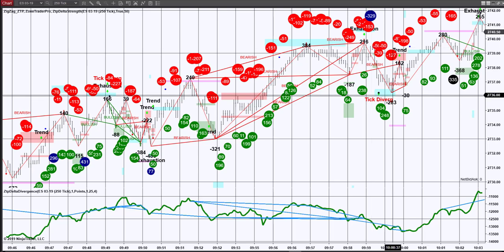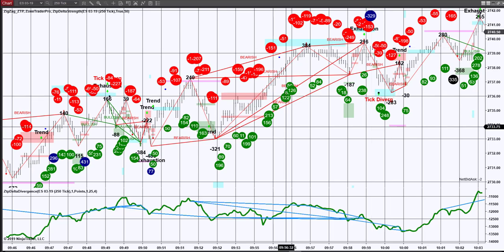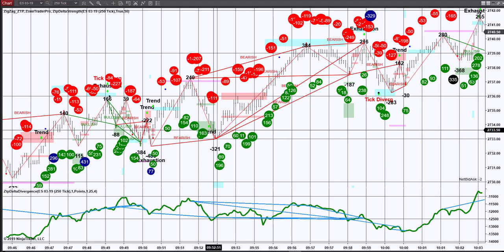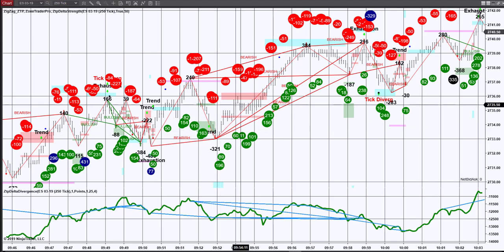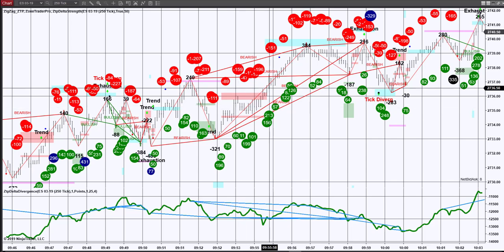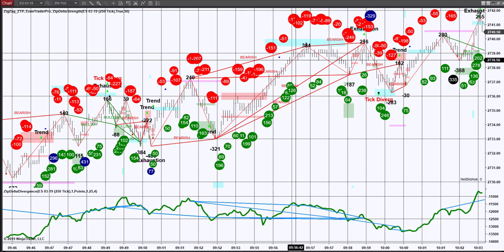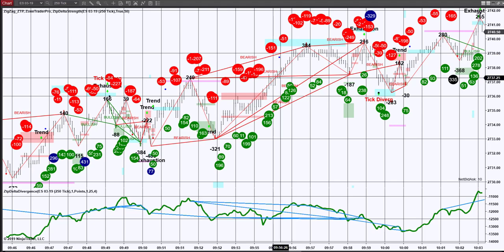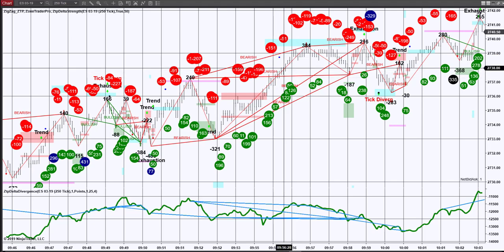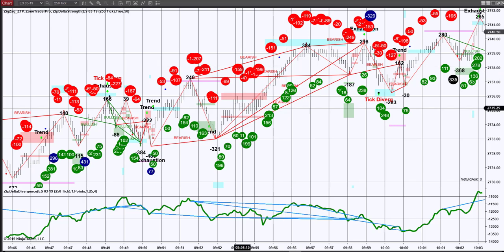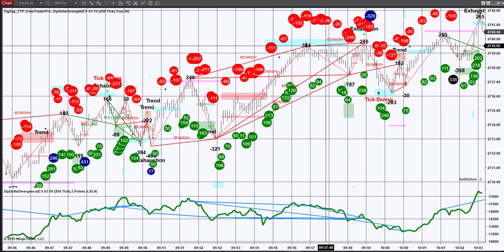So just be aware that just because we're seeing a divergence, what is actually happening is it's the small lot contracts that are taking this higher, and probably a combination of the large lot traders just allowing it to rise without giving any limit order resistance. So that's probably what is happening here and the explanation for that.